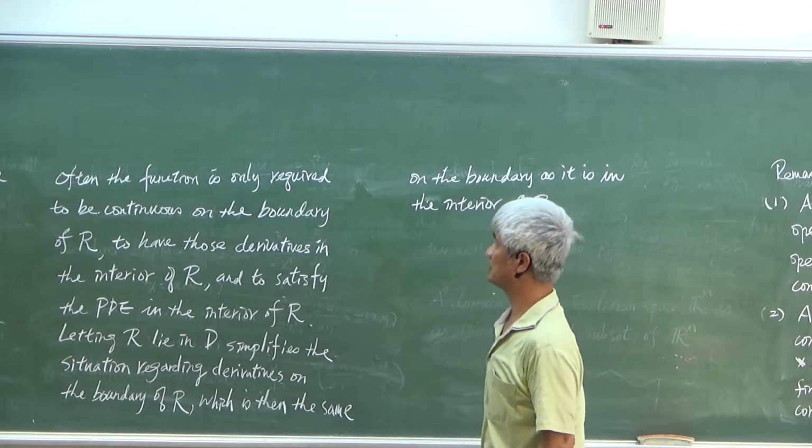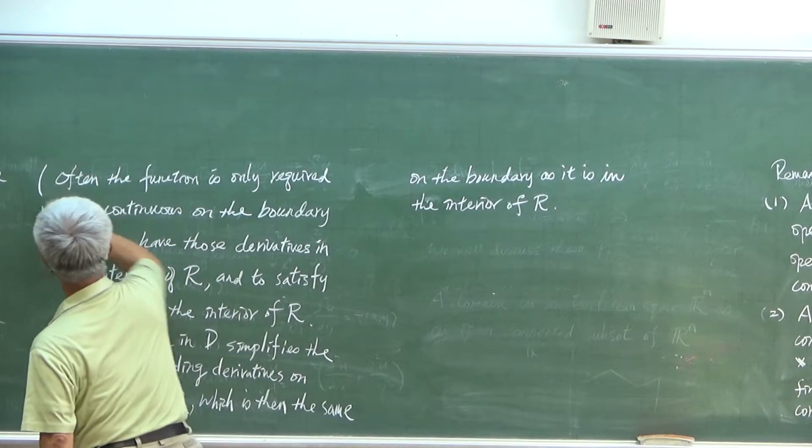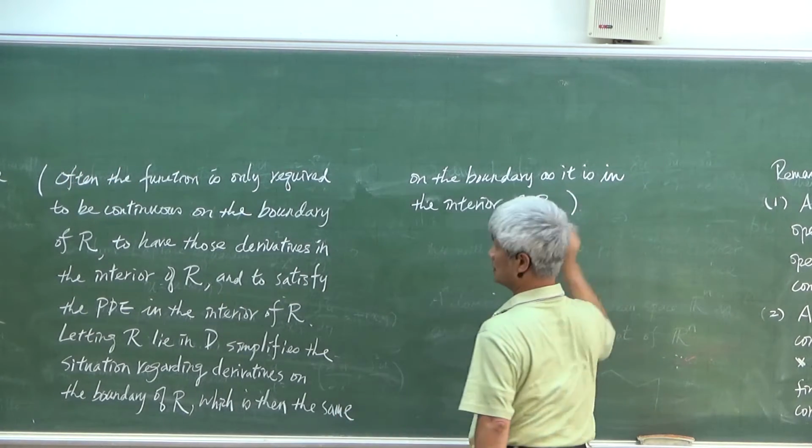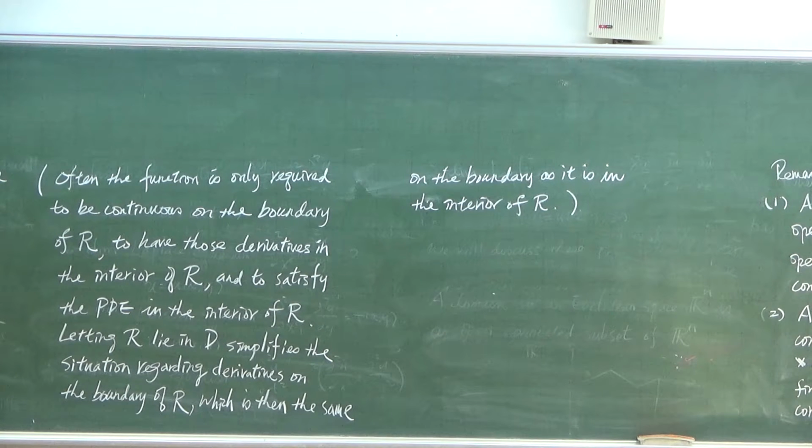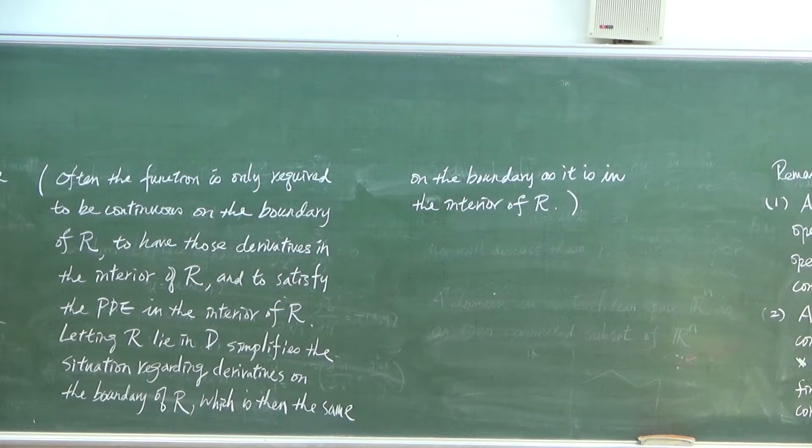Okay? So I'll just make a note here. The reason why I include it is that when you consider boundary points, it's very hard to consider partial derivatives along the boundary points. Okay, because to define a partial derivative, you need an open interval, an open ball.